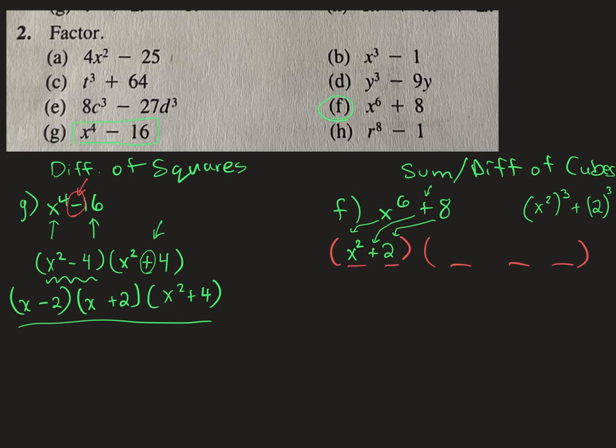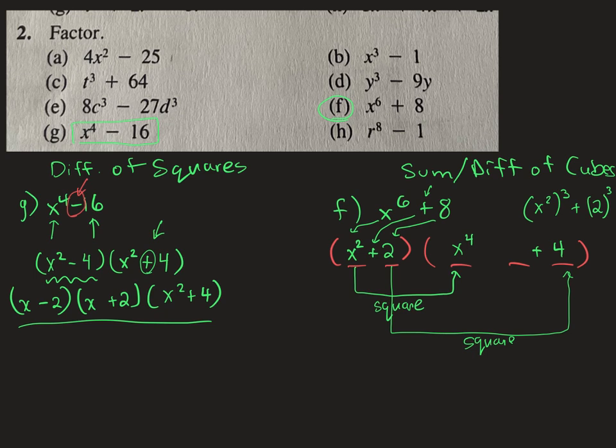Now, to get the trinomial, to get the first term, you square the first term from the binomial. So it'd be x squared squared, so x to the 4. You do that as well for the last term to get the last term in the trinomial. So you square that as well, and the square of 2 would be 4. Always a plus sign because you're squaring it.